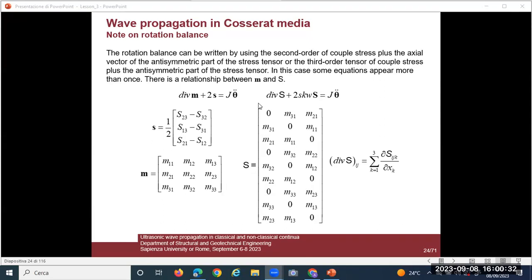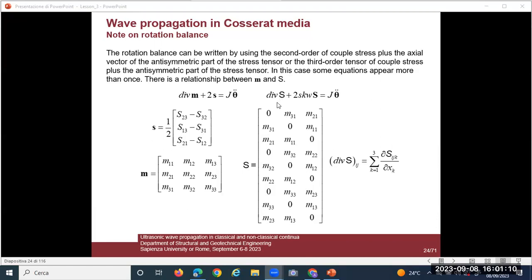But you can find in the literature also some cases when the rotational balance is written in this other way. So what is the difference? The difference is here M is a vector and M is a matrix or a second order tensor, and S is a first order tensor or a vector.